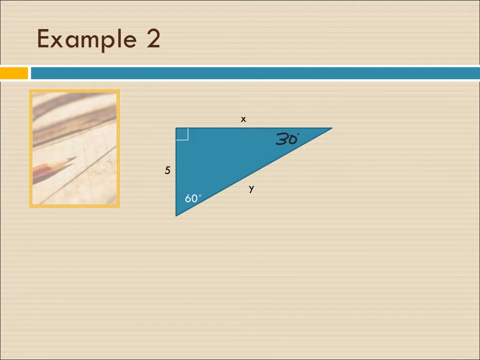So opposite the 30 goes what letter? A. Opposite the 60 goes what letter? A root 3. And opposite the 90, 2A. So these are the easy ones. They gave me A. If A is 5, and I plug that 5 in the place of A here, then what is X? 5 root 3.